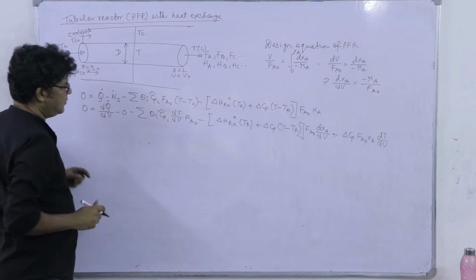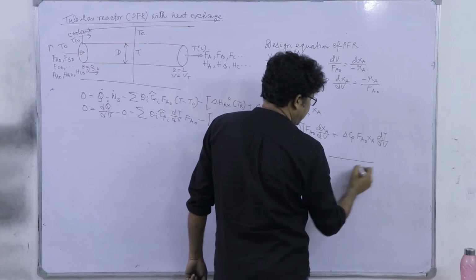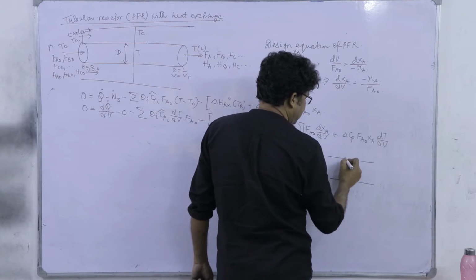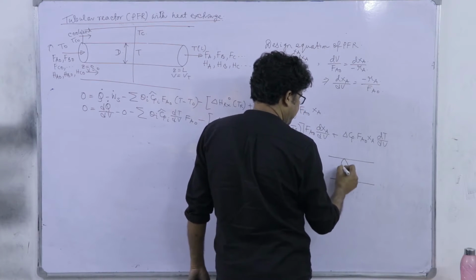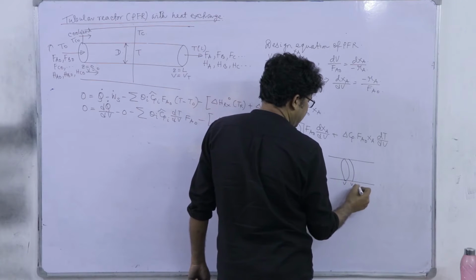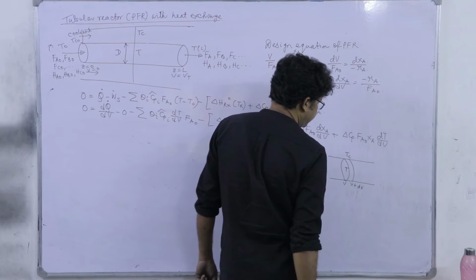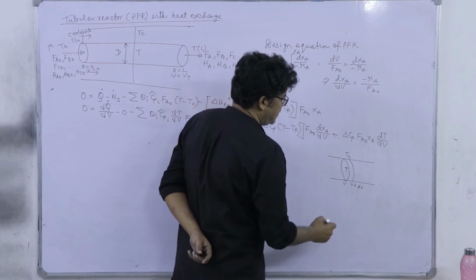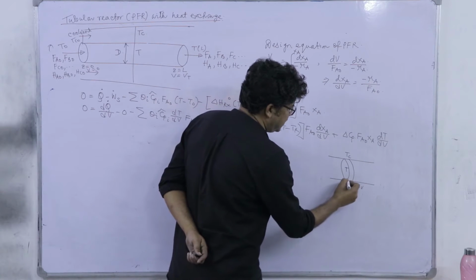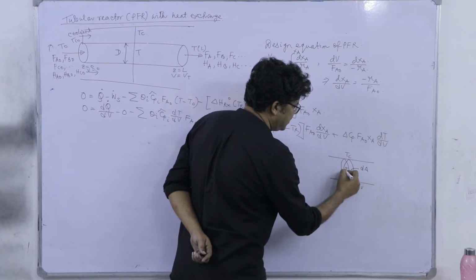And additionally we have this q dot. So, if we look into that section and think of a differential element between V and V plus dV, here it is Tc, here it is T, right. And the heat transfer area is dA.